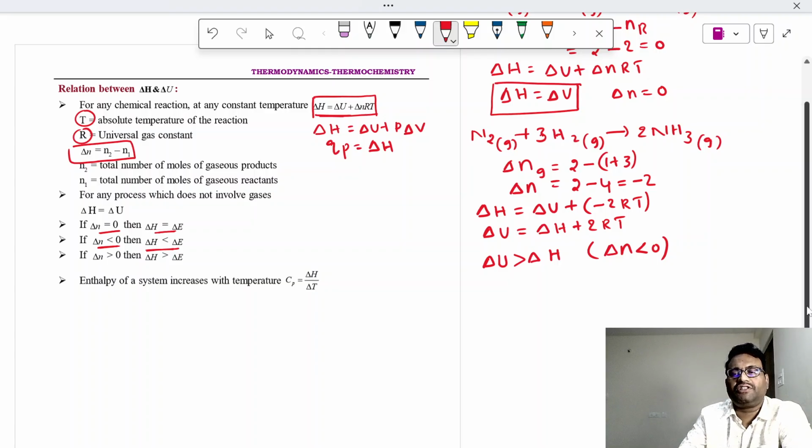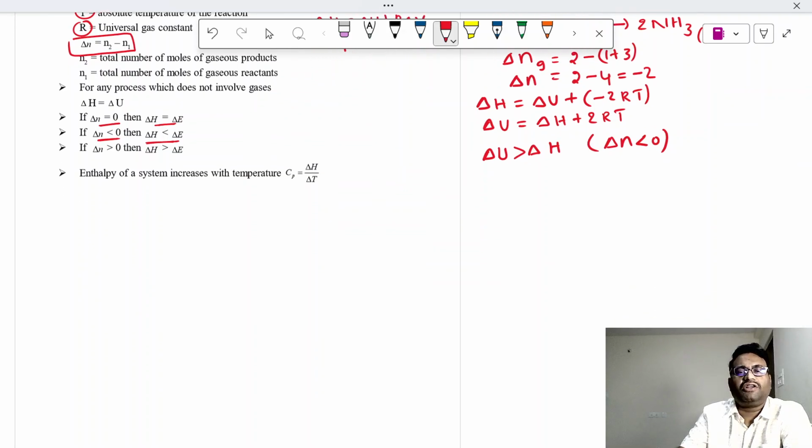Next, let us go with one more reaction. PCl5 gives rise to gaseous state PCl3 plus Cl2. In this reaction, let us see delta n is equal to 1 plus 1, 2 minus reactant 1, that is equal to 1. That means delta n is greater than 0.